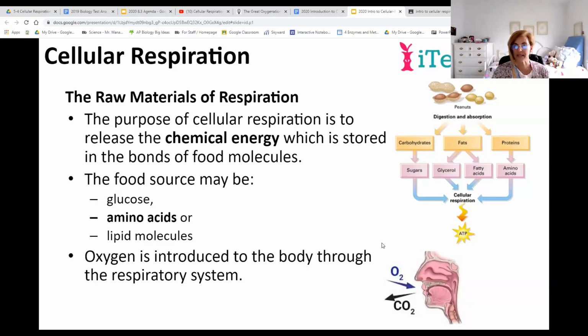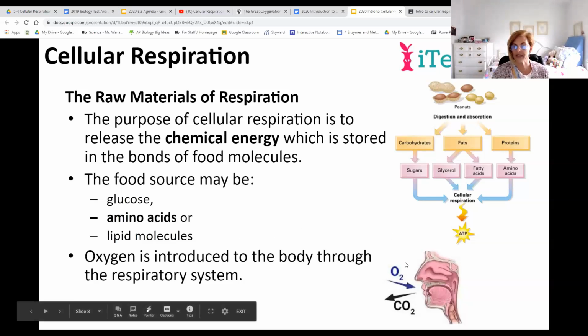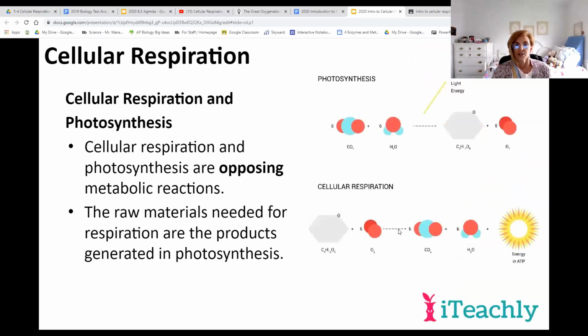And in the process, we need the oxygen from the air we breathe in order to break them down. So the oxygen that we're breathing is coming from photosynthesis. So you can see a direct relationship between photosynthesis and cellular respiration. Oxygen produced in photosynthesis is being used in cellular respiration. The CO2 being produced in cellular respiration is used during photosynthesis.